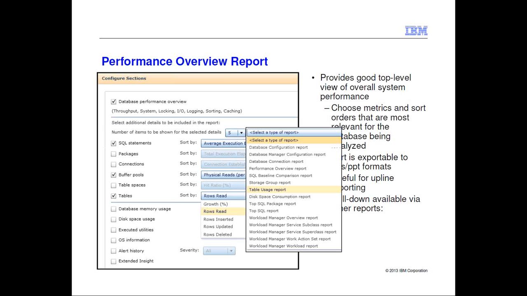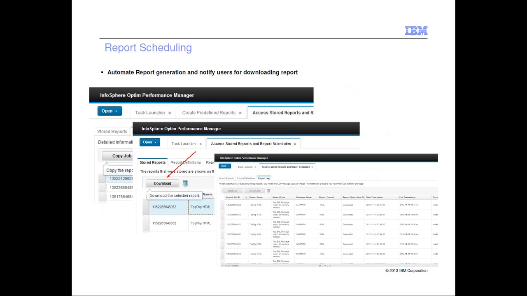So starting with OPM 5.2, we have a feature called report scheduling, wherein from OPM itself you can schedule reports to be executed at regular intervals of time, and then users are notified of the presence of that particular report, and they can go and download the report and view it. You wouldn't have to manually sit there in front of the console and generate these reports. So you can set up the various reports that I've just talked about to be generated on a periodic basis and executed.